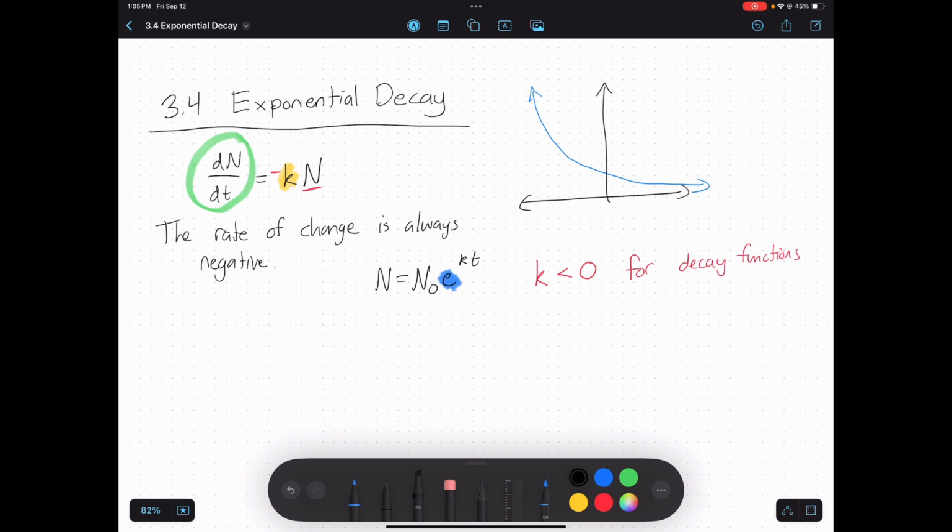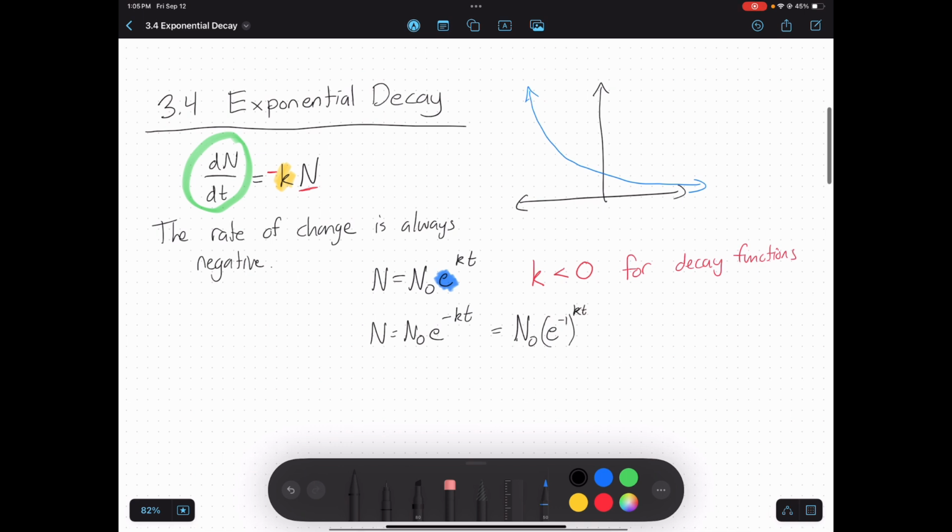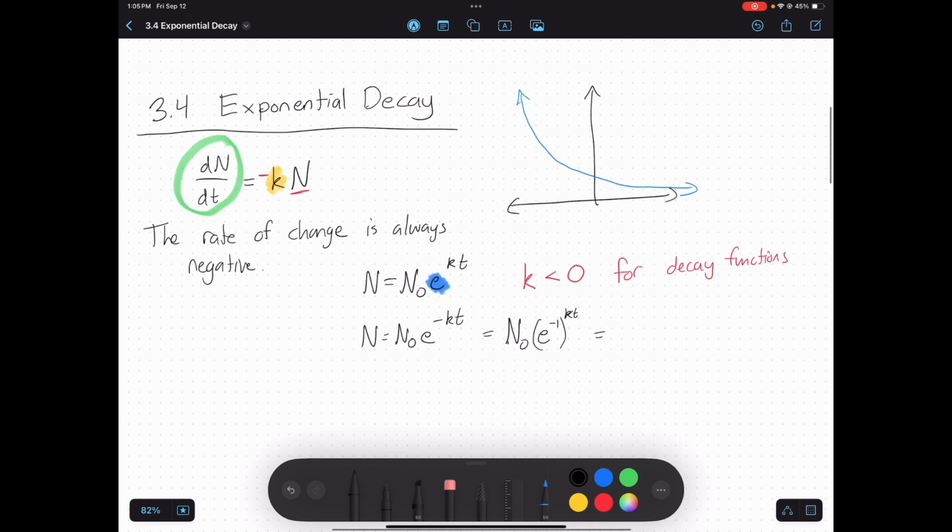Well, the reason why is if k is negative, you'll also see decay functions written with the negative up there. And if I just isolate that e to the negative, I can use my exponential properties to rewrite this as e to the negative 1 raised to the kt. What's e to the negative 1? Remember, what does a negative exponent do? It flips it and makes it into a fraction.